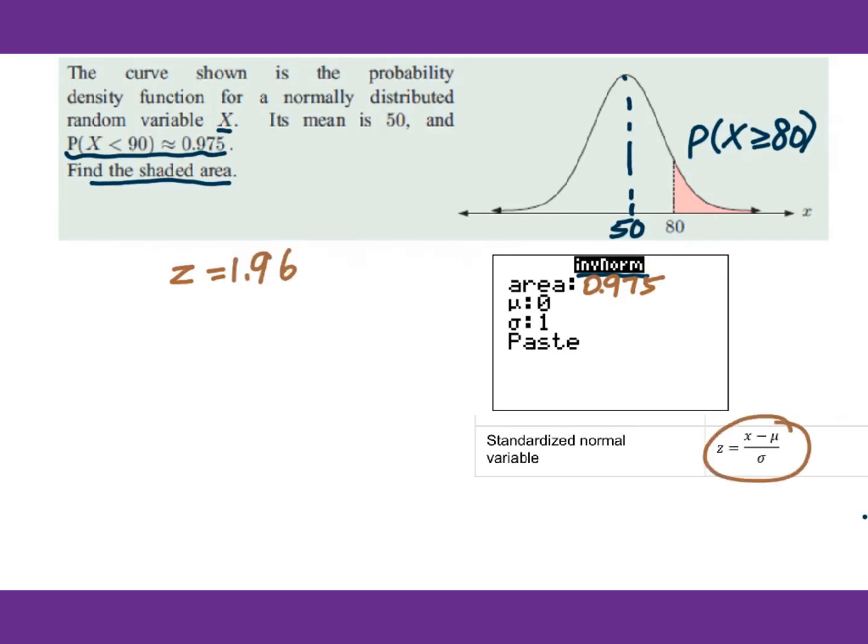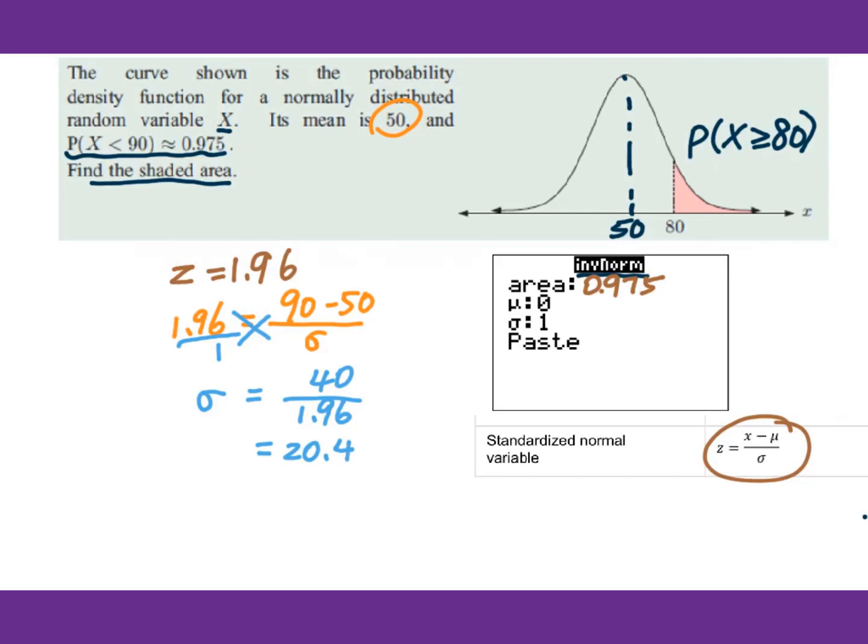Then we use this formula. 1.96 equals x, which is 90, minus mu, which is 50, over sigma. Then we do cross multiply. Sigma equals 90 minus 50, which is 40, over 1.96, equals 20.4.